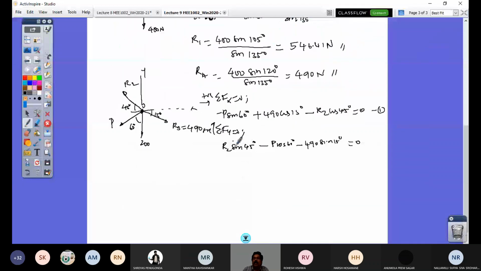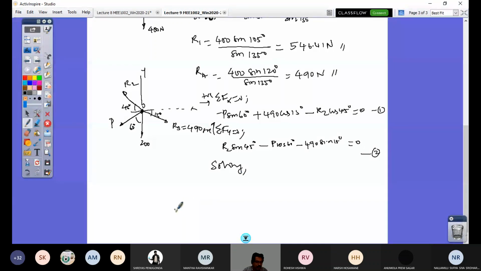Now solving for P, you can solve simultaneously. This can be solved easily on the calculator, substituting the coefficients of P and R2 and the constant term. Solving this, you would have your answer, P value.